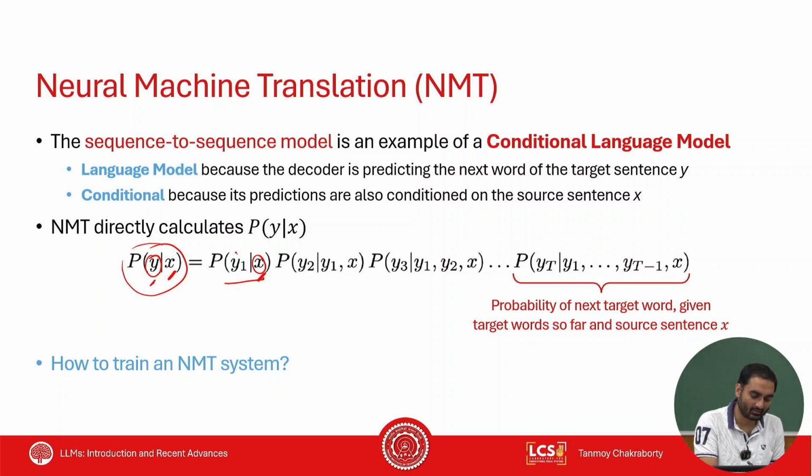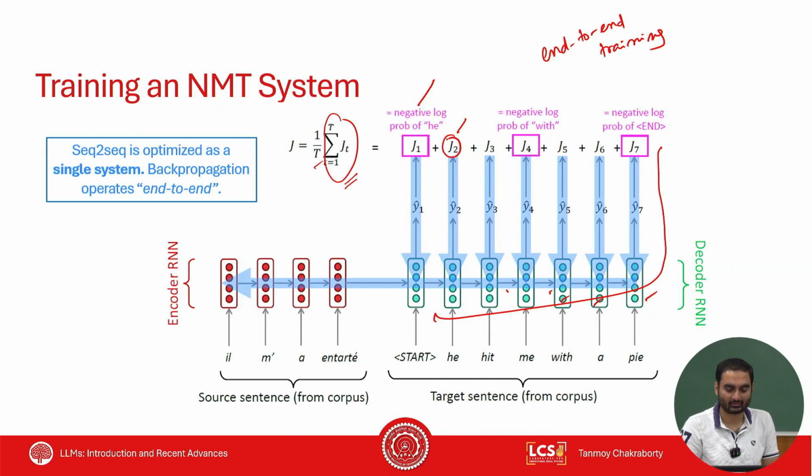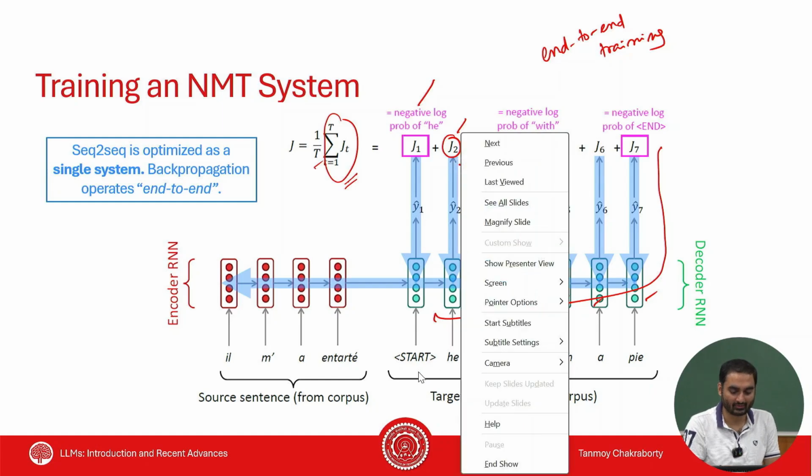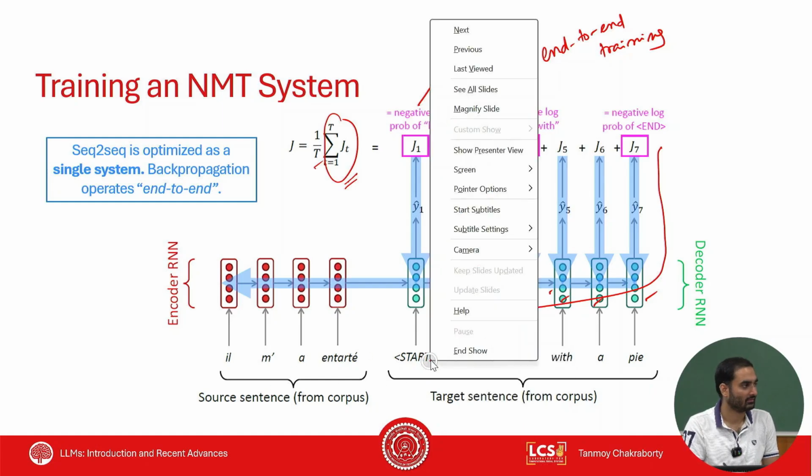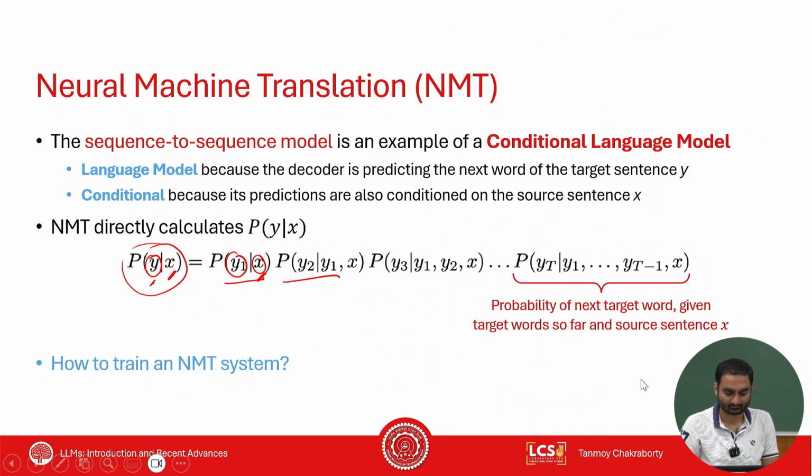So probability of Y1 given X. The next one is probability of Y2 given X and Y1, and so on and so forth. The last word will be probability of Yt given Y1, Y2, Y3 up to Yt minus 1 and X, right? So conditioned on the tokens that you have generated so far and the input, okay?